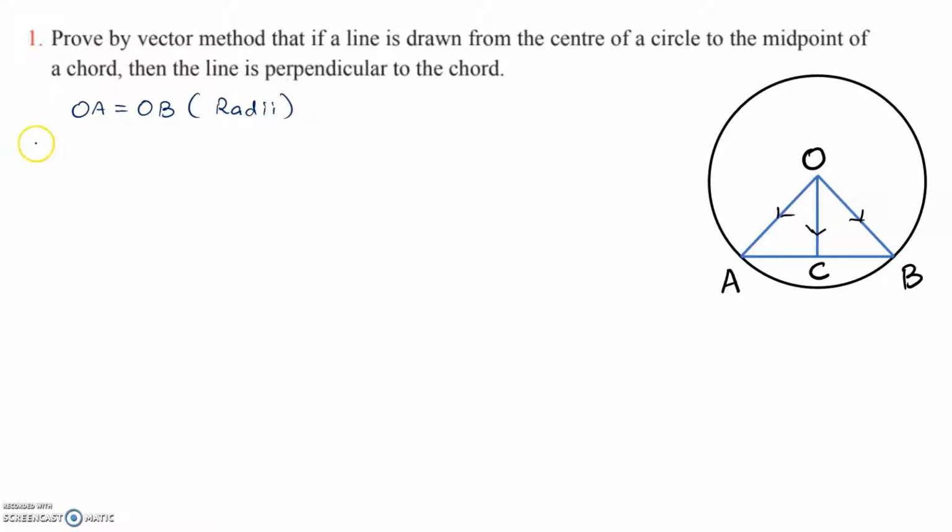Next, we can define vector OA as A and vector OB as B. Then our vector AB can be defined as vector OB minus vector OA, because OA is in this direction, so minus OA will be this direction.